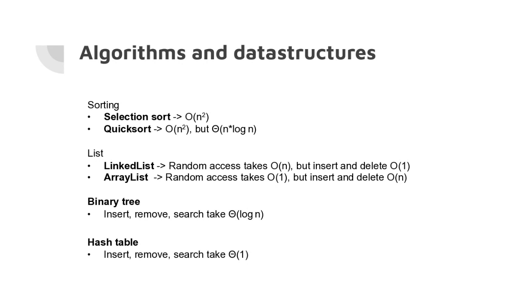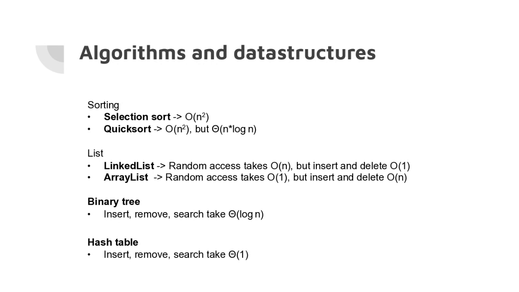And then we saw 2 more advanced data structures that we will also use today when we talk about relational databases. So a binary tree and a hash table. And in a binary tree, you sort all elements. So it can be numbers, but you can also sort strings or dates.